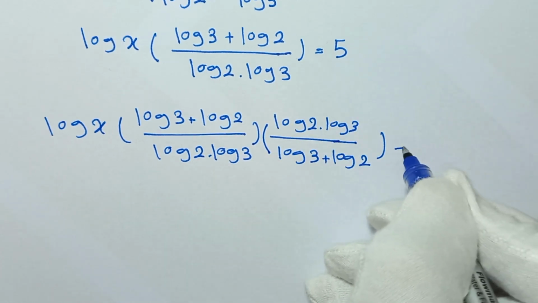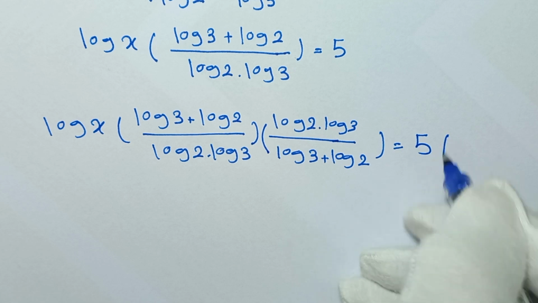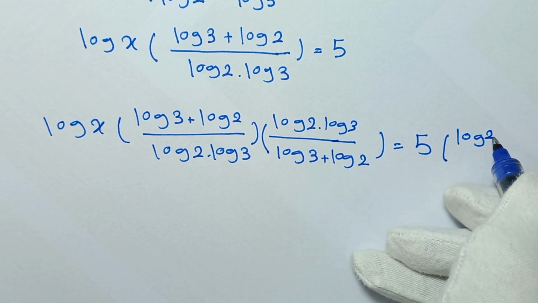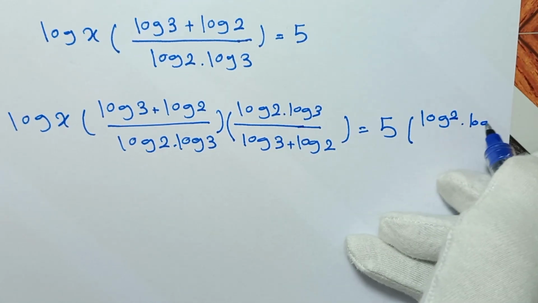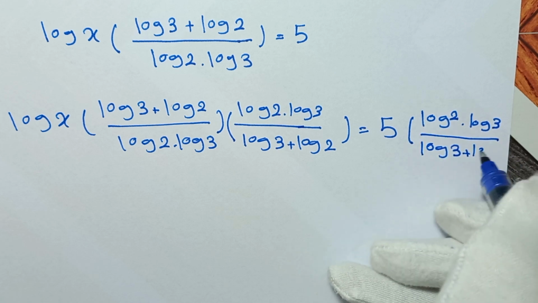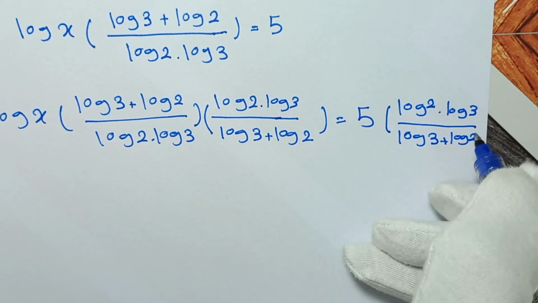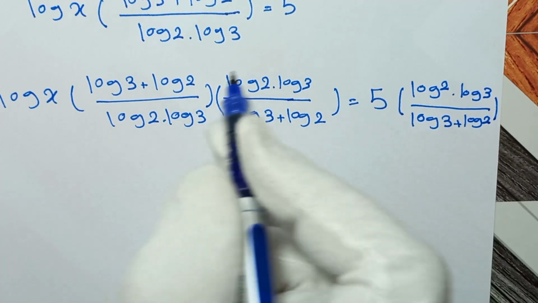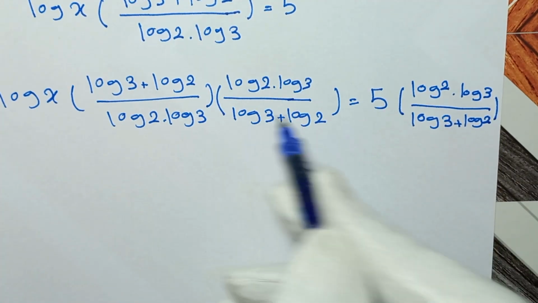For the other side, we multiply 5 by log 2 times log 3 over log 3 plus log 2. So we multiply both sides of the equation by this.